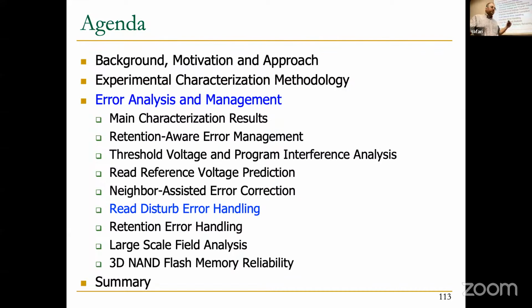And for all the solutions that we developed over the course of these years, when we started the study of this, we were kind of late compared to the industry's understanding. Industry knew at that time what the error sources were, and they also had some techniques to avoid them. But that wasn't clear to academia, to people doing research in academia. So we started a bit late.